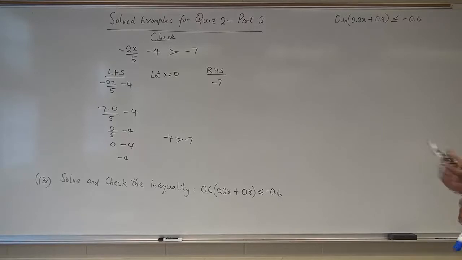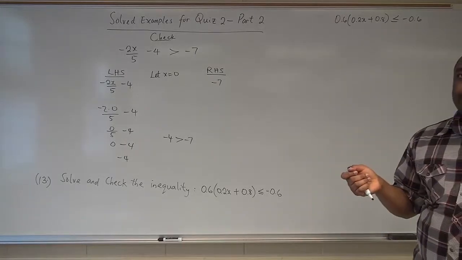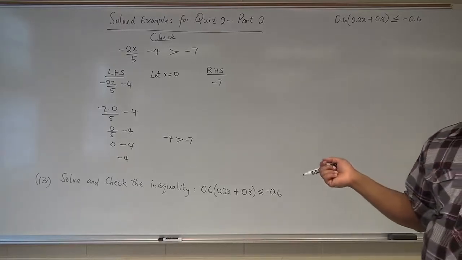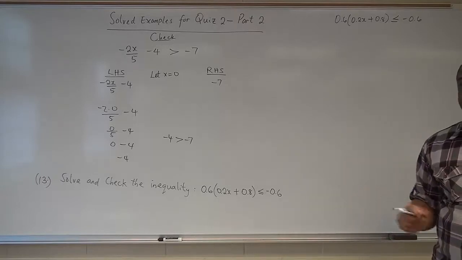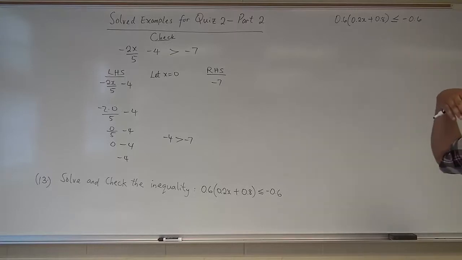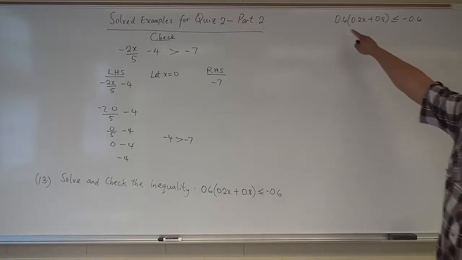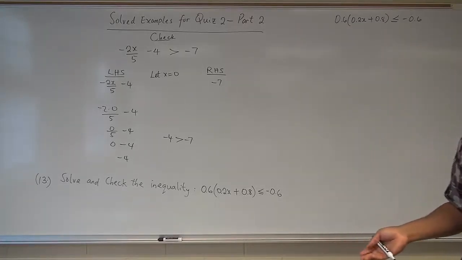The first method I would like to use will be quick. It's going to be simpler, but you can also use the distributive property. I know some of you will want to use the distributive property, but before you do, because we want to isolate x, you could easily look at this. This is multiplication. You could divide both sides by 0.6 first.